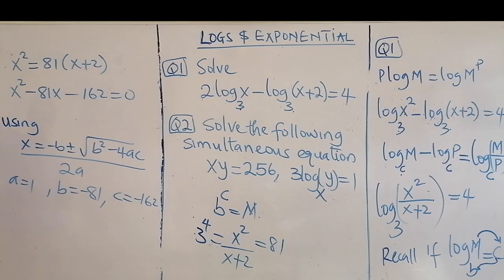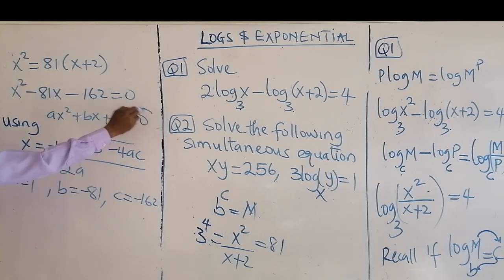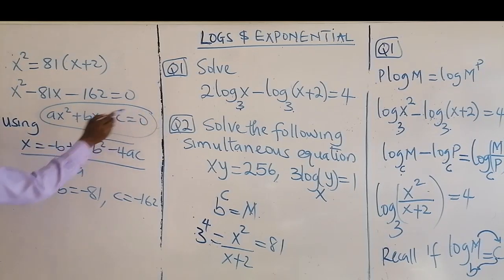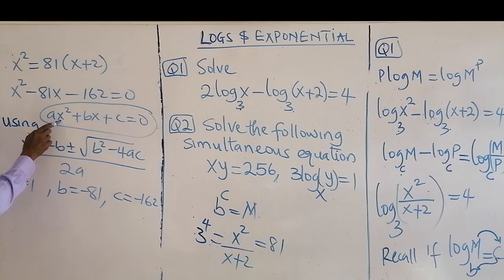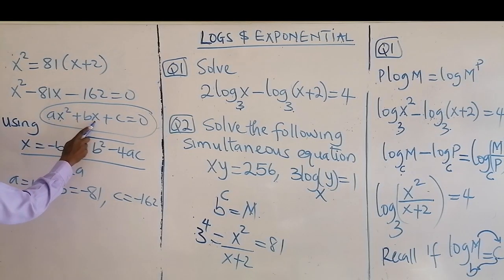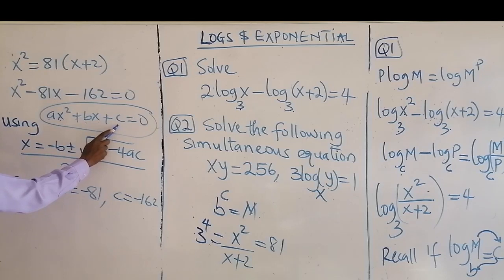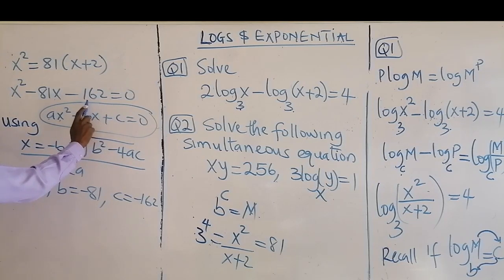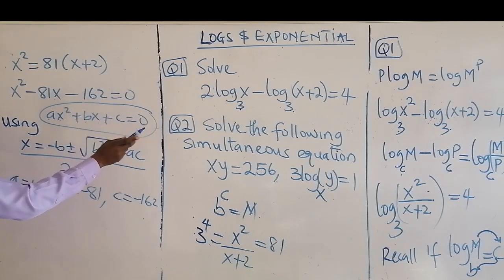When you are using the quadratic formula, the given equation must conform to the standard form ax squared plus bx plus c equal to 0. The coefficient of x squared is your a, in this case 1. The coefficient of x is your b, in this case minus 81. And the constant is just a number, an integer, which is minus 162.